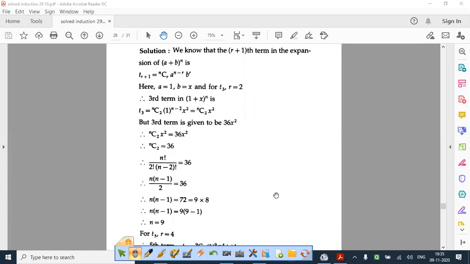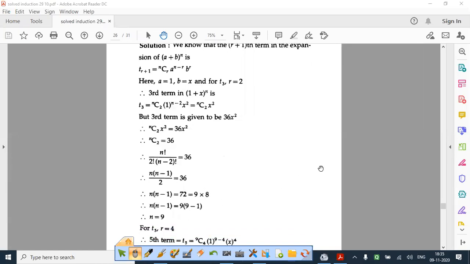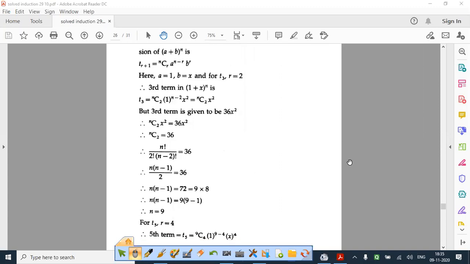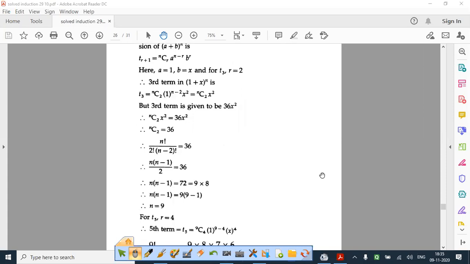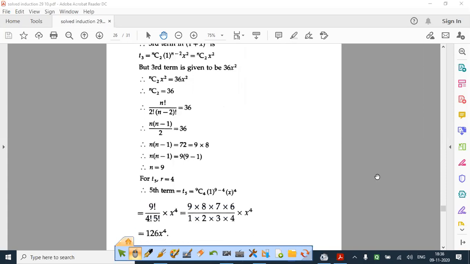From that I get n equal to 9. Now for fifth term, r has to be 4. So what is fifth term? It is T5, which is 9C4, 1 raised to 9 minus 4 into x raised to 4. So it is 126. What is that? 126 x raised to 4.